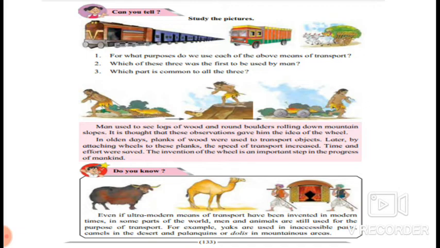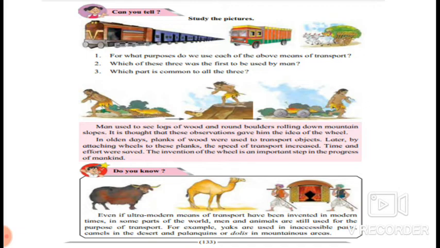In olden days, planks of wood were used to transport objects. Later, by attaching wheels to these planks, the speed of transport increased. Time and effort were saved. The invention of the wheel is an important step in the progress of mankind.